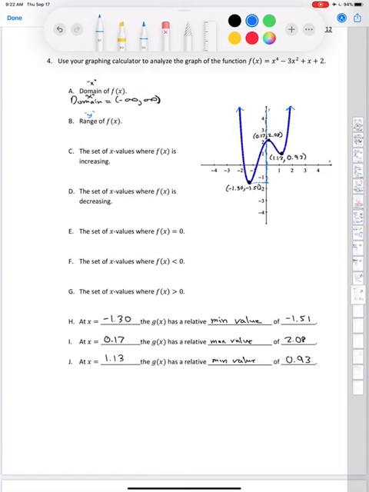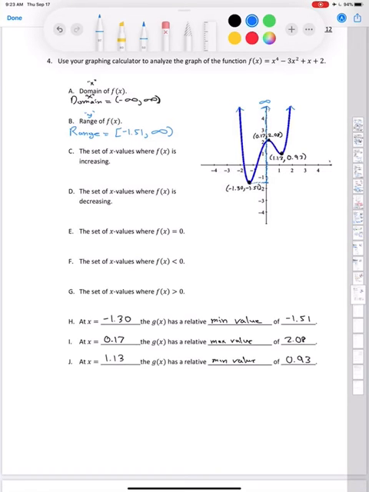We're shading all the way to infinity. Graph goes up forever. So all y values, as we write our range in interval form, we've got an infinite set of values. All values greater than or equal to, so put a bracket here, negative 1.51, our min value, all the way to infinity would be our range.